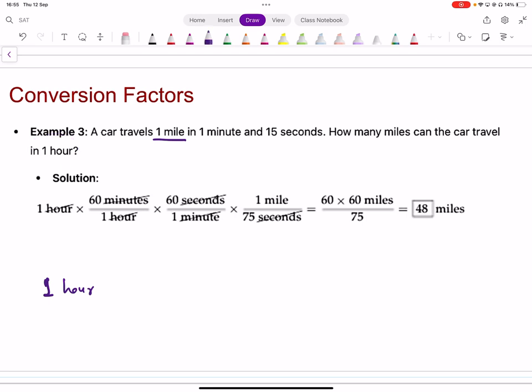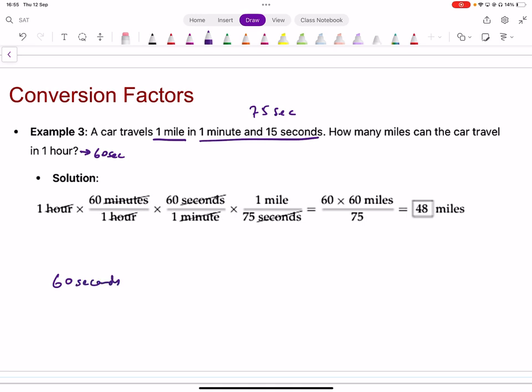The final result that we want is in miles. Let's convert the time units to some common unit. 1 hour could be 60 seconds. And 1 minute and 15 seconds is 75 seconds. Is that okay? So we could start from, let's say, 60 seconds. The unit right now is 60 seconds.